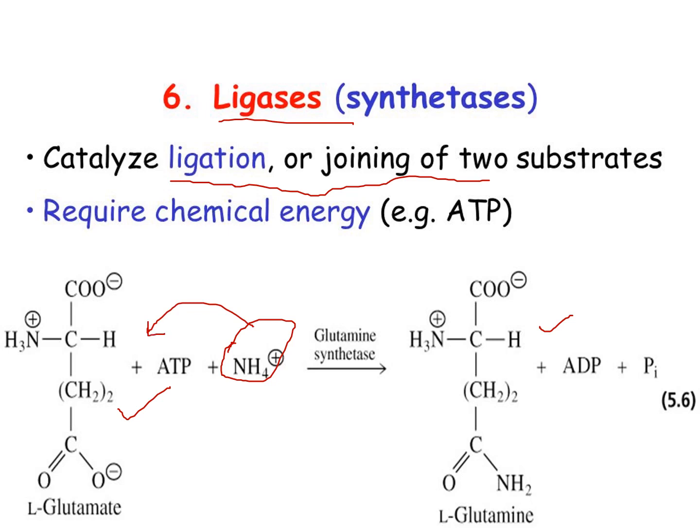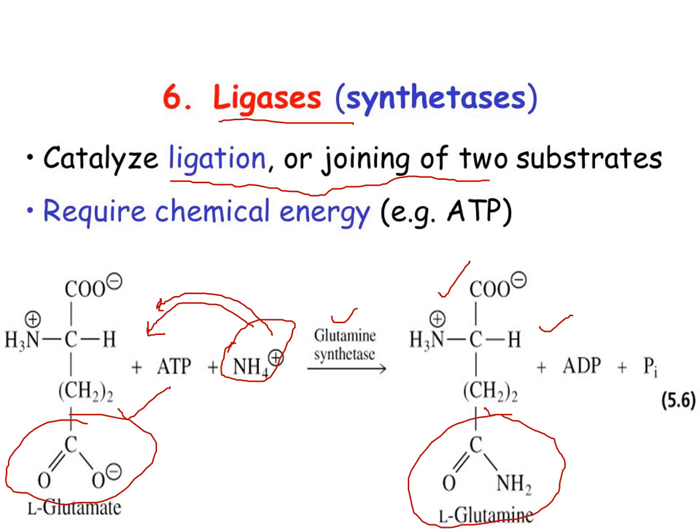It is glutamine synthetase. This glutamine synthetase is adding the ammonium group to the L-glutamate, converting it into L-glutamine. As I already mentioned, these are ligation or joining reactions, where bond formation is taking place. For that bond formation, the energy that is required will be taken from the ATP.